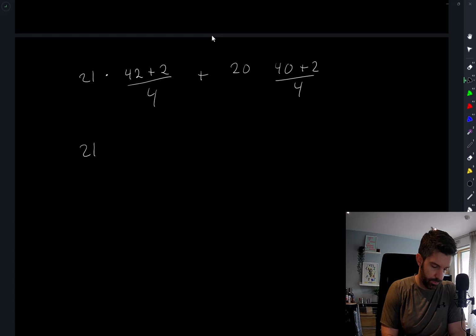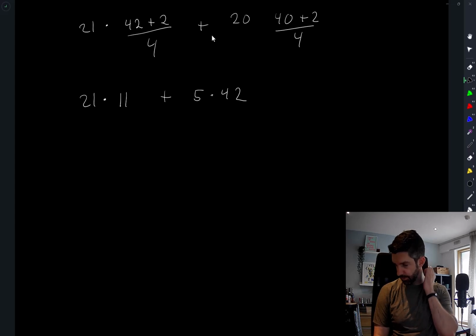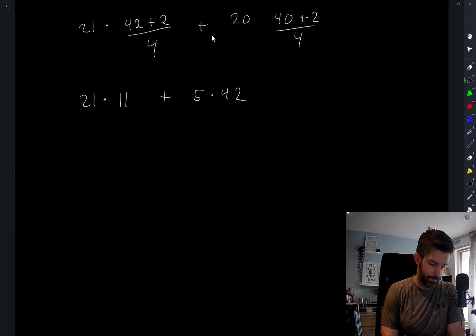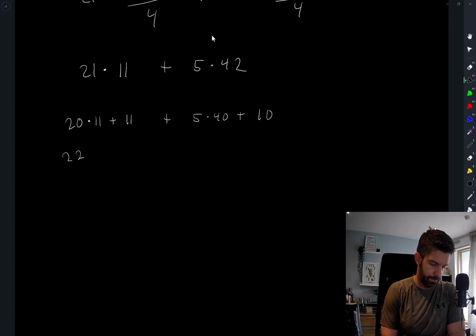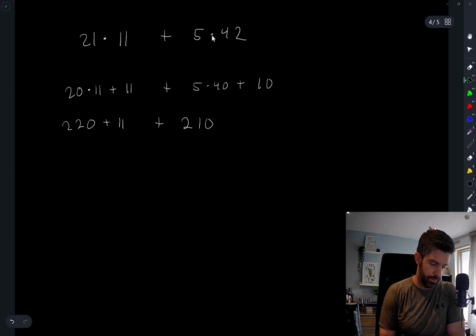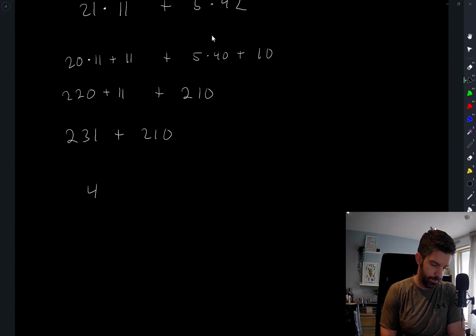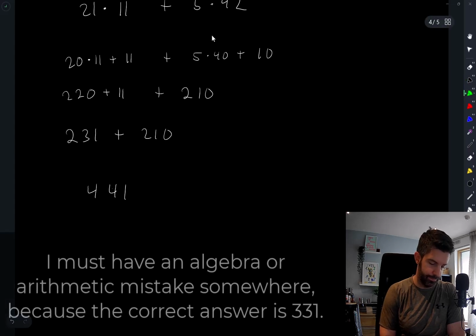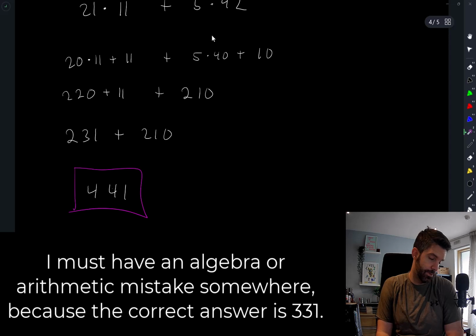Okay. 21 times 11 plus 5 times 42. 21 times 11. 220 plus 11 plus 210. 231 plus 210, 441. I think that'll be my answer, right?